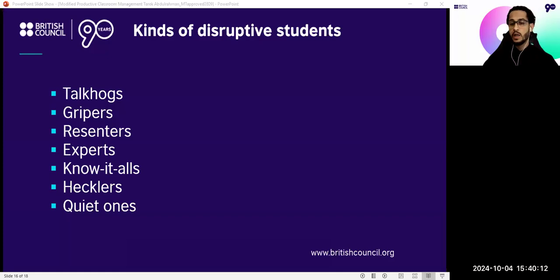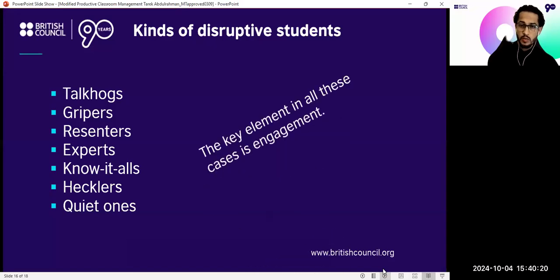So the key element for all these types of disruptive students is engagement. You have to engage all these disruptive students in fun activities, motivate them, and keep the environment safe. So it's all about three words. Can you remember the three words?